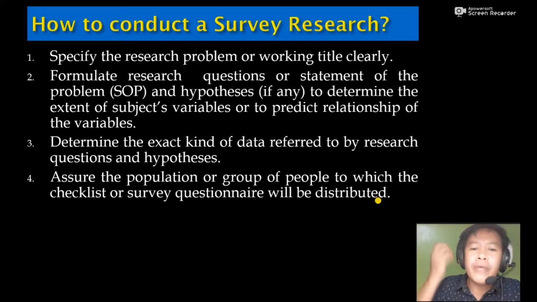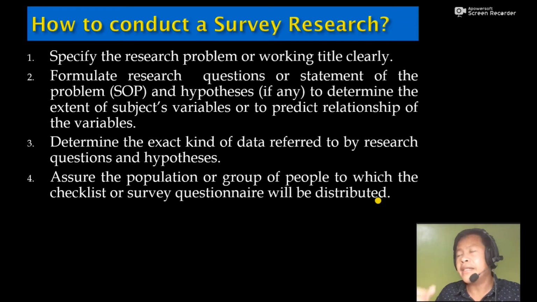So you are going to assure that the people who will be given the checklist or survey questionnaire are qualified respondents of your study, and that is using the so-called sampling technique. Because if you are not going to use the sampling technique, your research will be less reliable.